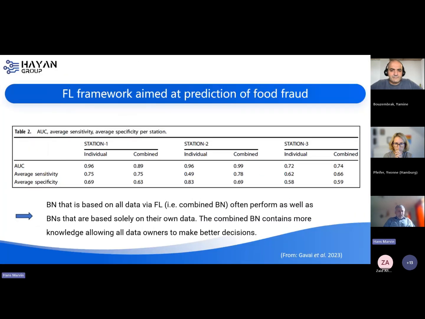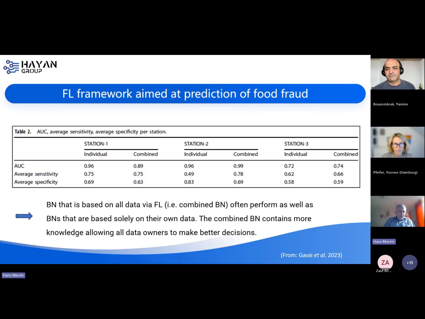So the outcome is shown in this summary slide of this framework. On the left, you see a couple of characteristics that show the quality of the prediction of the Bayesian network that has been generated in this way. Then you see stations 1, 2, and 3 with an individual or combined figure.